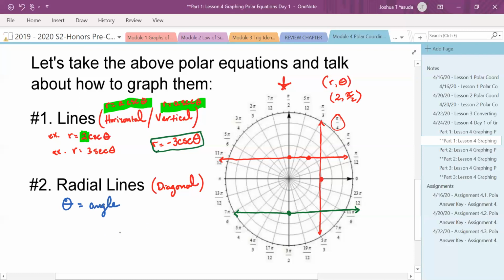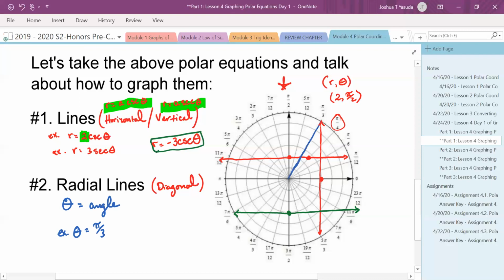Okay, so let's talk about what's going on there. The example up above we had is theta equals pi thirds. What's this saying? This is saying that no matter what the radius, the angle is always pi thirds. Well, if the angle always has to be pi thirds, then you're always traveling along this line.